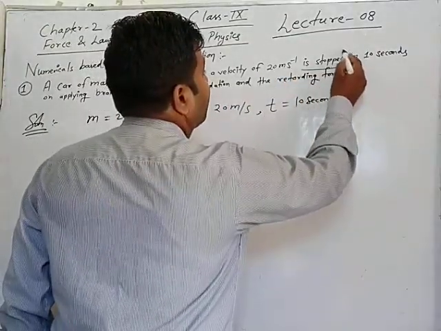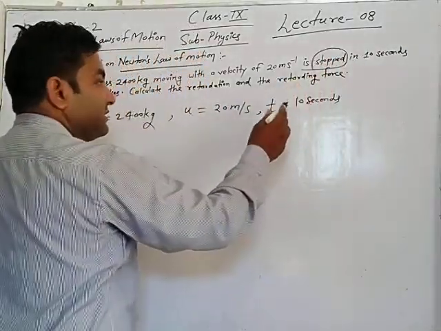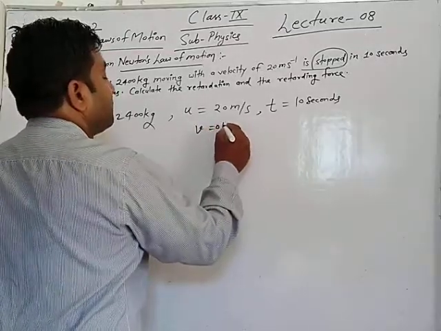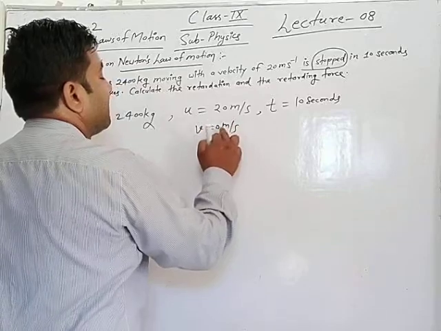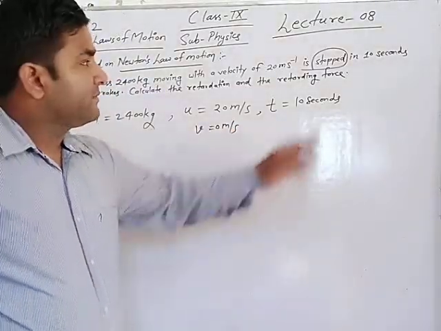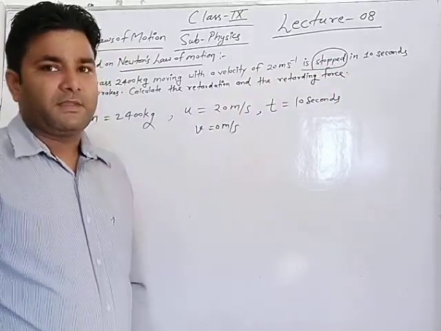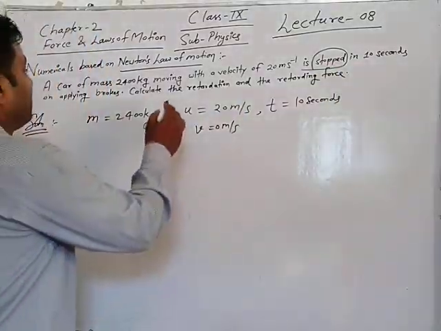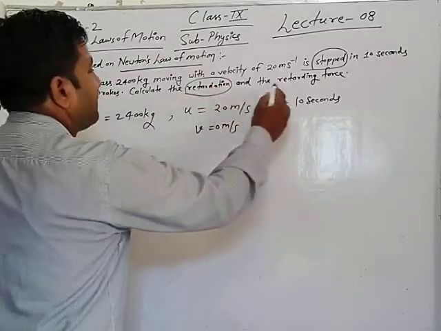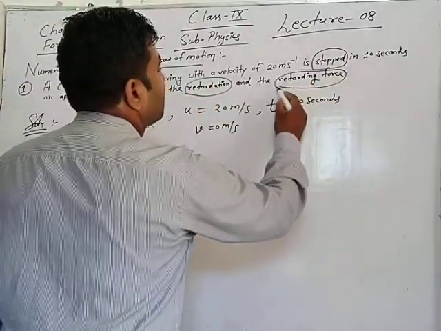Here the car is being stopped by applying brakes in 10 seconds. It means v is equal to 0 meter per second when the brake is applied, and the car being stopped means the final velocity becomes 0. Then after this we have to find out what? Retardation and retarding force.